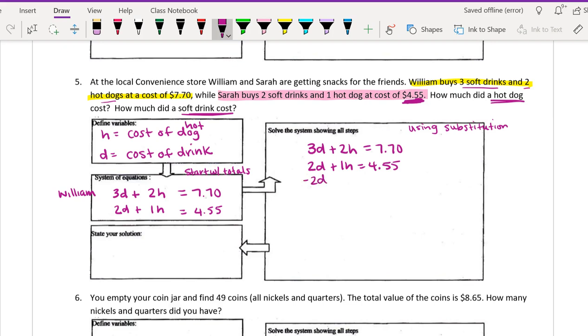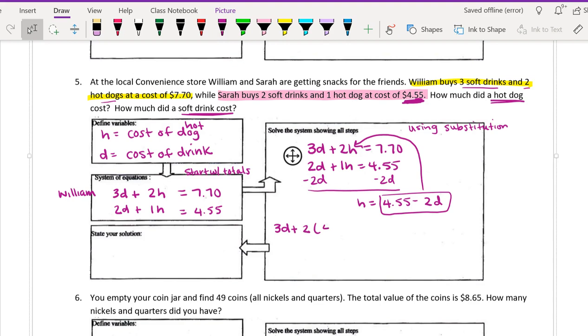So I'm going to subtract 2D from both sides, which tells me that the cost of a hot dog, 1 hot dog, is $4.55 minus 2 drinks. So I'm going to take this H value and put that in for H in the first equation. So we're going to do 3D plus 2, and we're going to do 455 minus 2D is equal to 770.